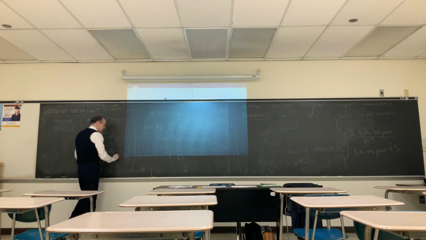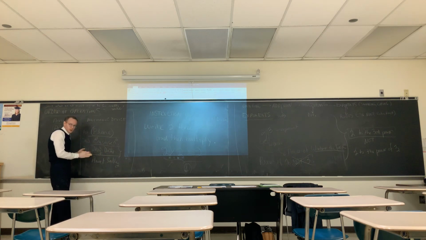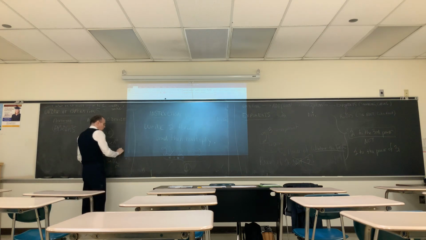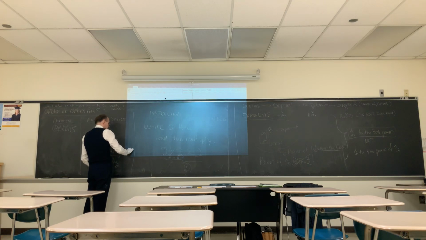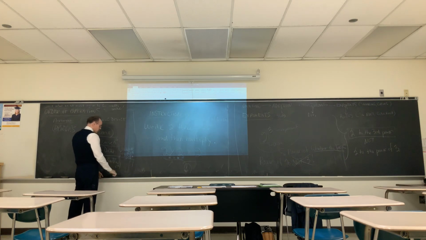But when you're trying to decide between them, if a problem may include both of them, it's whichever is on the far left, or furthest left, I should say it that way. Farthest left. Same thing for addition and subtraction.